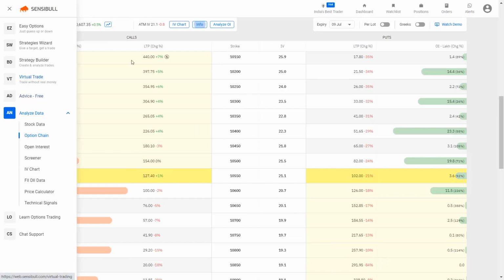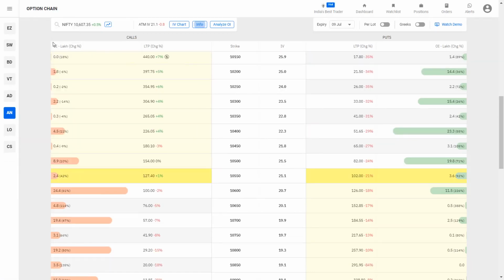So for example, the call option open interest on this strike of 10,600 is 24.4 lakh. Similarly, the put option open interest on 10,400 is 23.3 lakh quantity, and the put option OI on 10,200 is 14.4 lakhs. The call option open interest on the 10,800 contract is 19.2 lakhs.